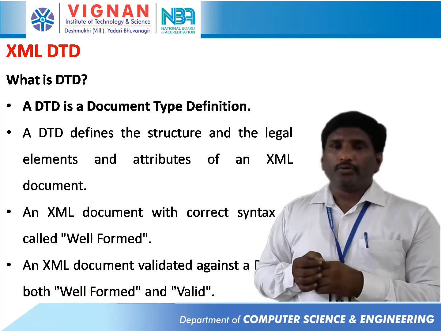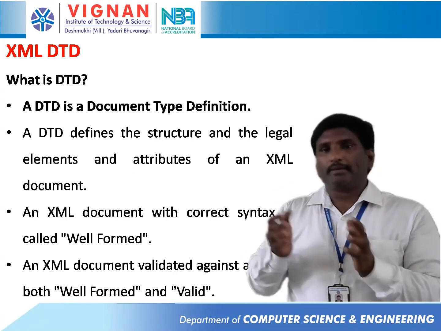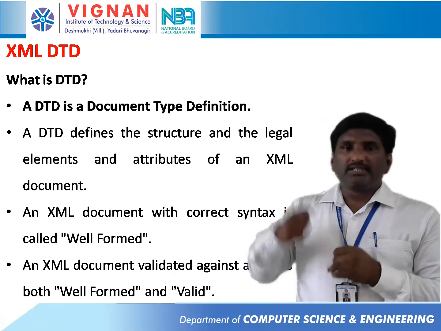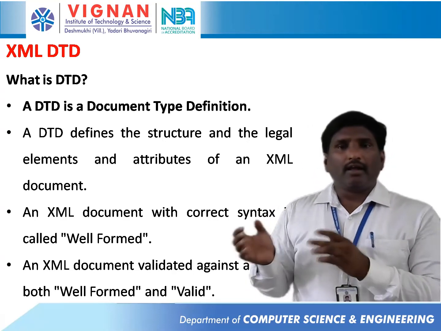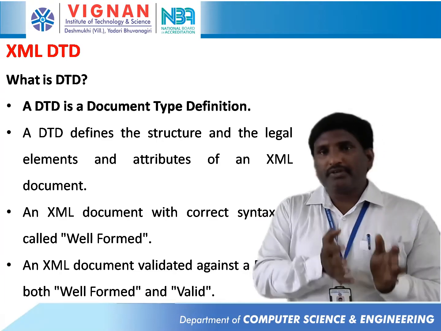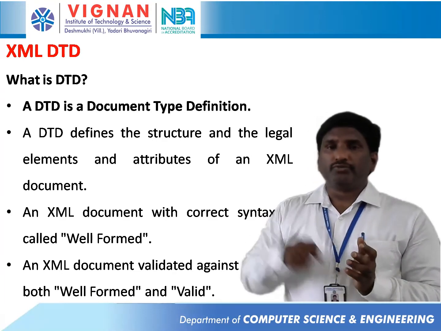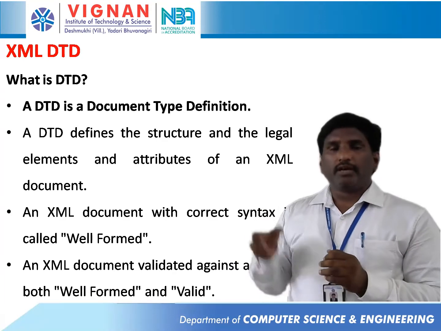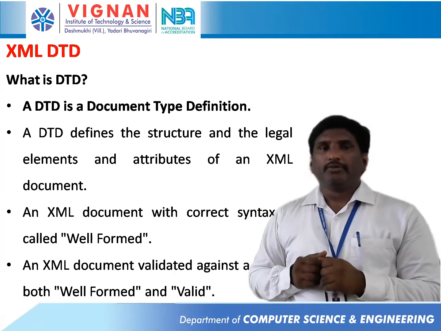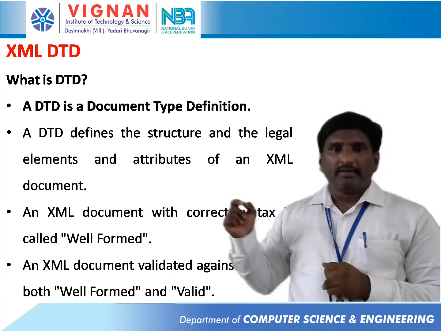Also, what we have written in XML, the elements, attributes, and entity references, we need to specify. I already told you that we are using user-defined elements, so for those we should provide definitions. We provide those definitions by using DTD, XML DTD. What is a DTD? DTD stands for document type definition.